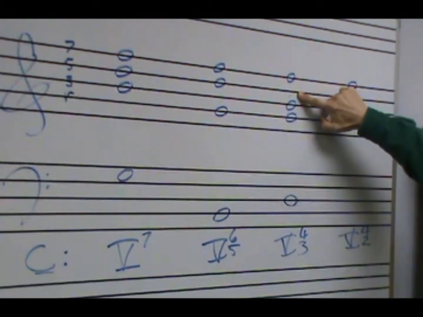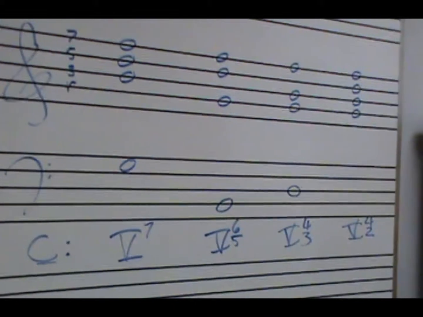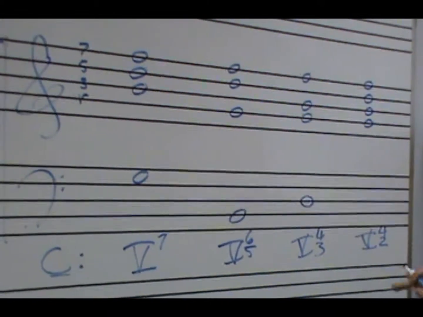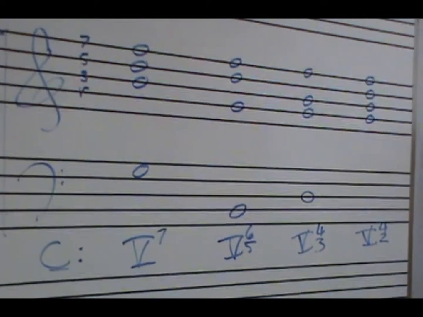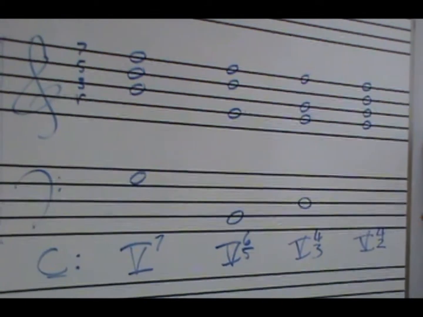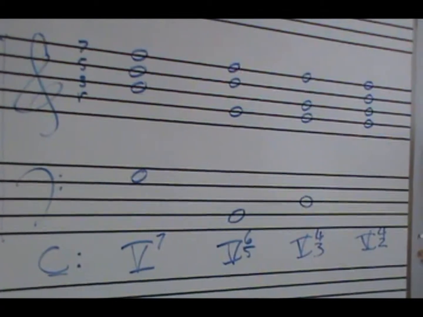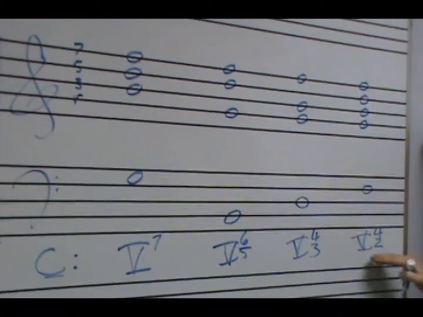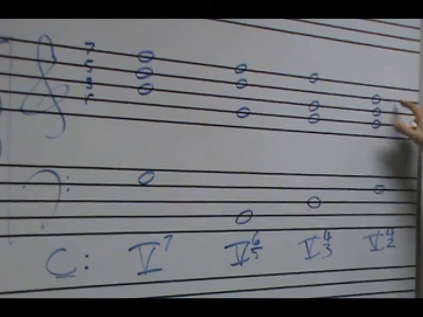Get rid of that chordal fifth up top. V4/2. If I've studied that and I know it, I've got V4/2 linked up in my mind with scale degree 4 as the bass note. So I can go, all right, I'm in C. There's scale degree 4. You get rid of it up here, and you've got the chord.